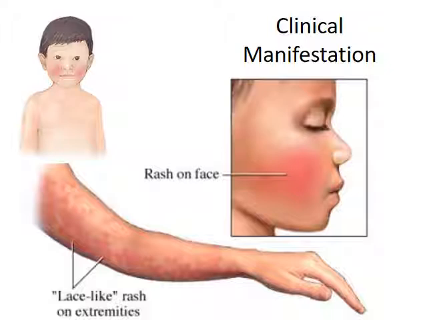Now, as I mentioned, the typical clinical feature is the rash that appears in the later stage. You can see here the rash on the face as well as a lace-like rash on the extremities.